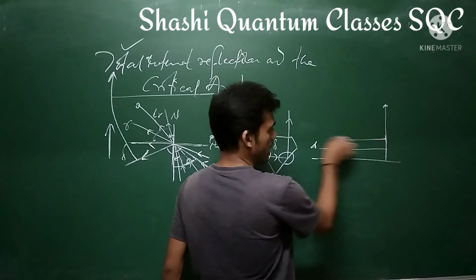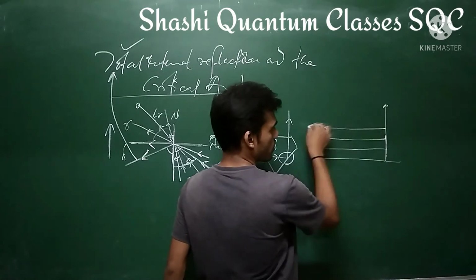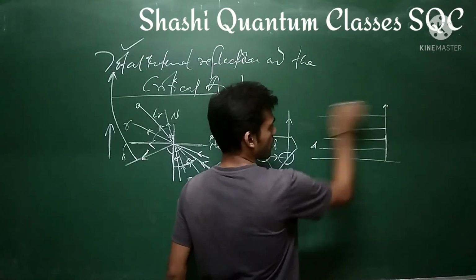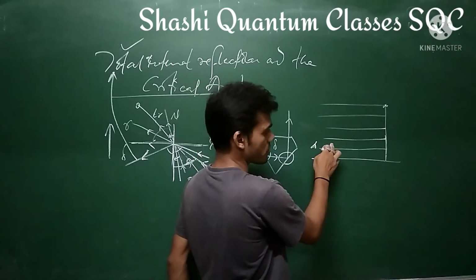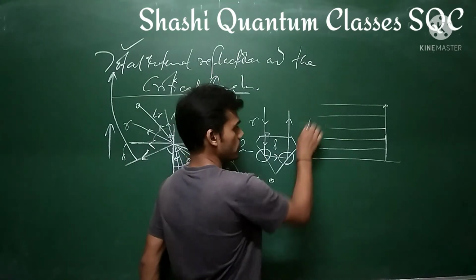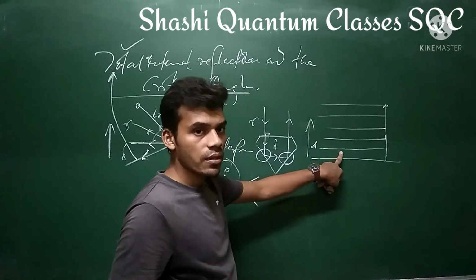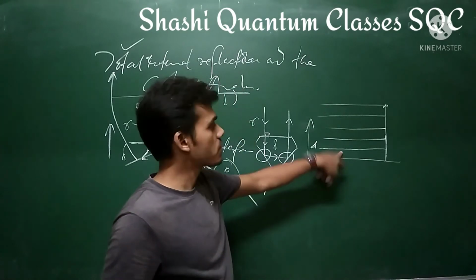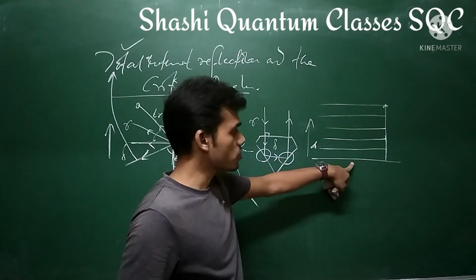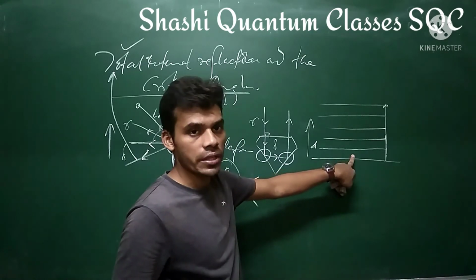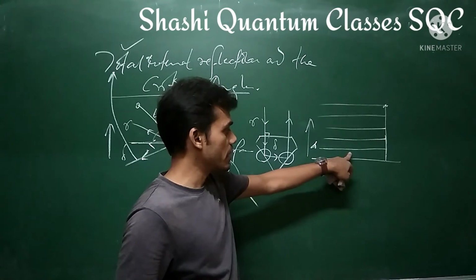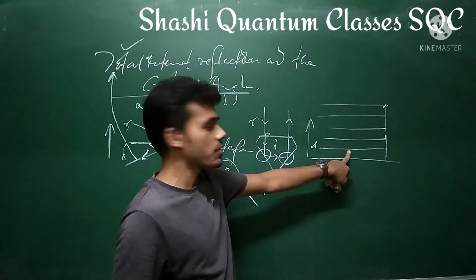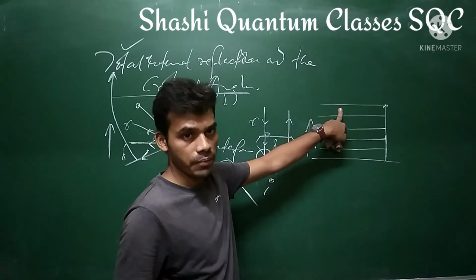Here, the atmosphere is divided in some layers. This is the rarer, this is denser. As it goes up, the medium, that means the atmosphere, becomes a little denser. ये close to the earth के surface जो close है वो rarer होगा because of the increment in the temperature. यहाँ पर temperature ज़्यादा होता है as compared to here.